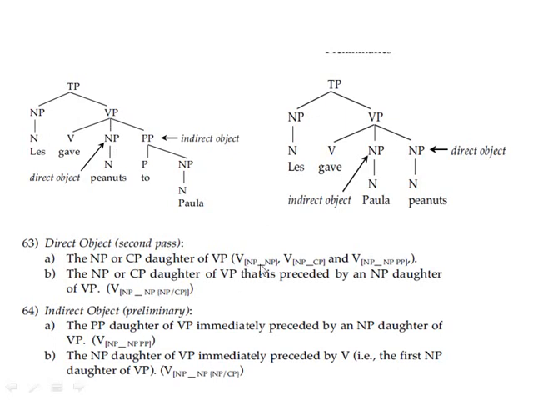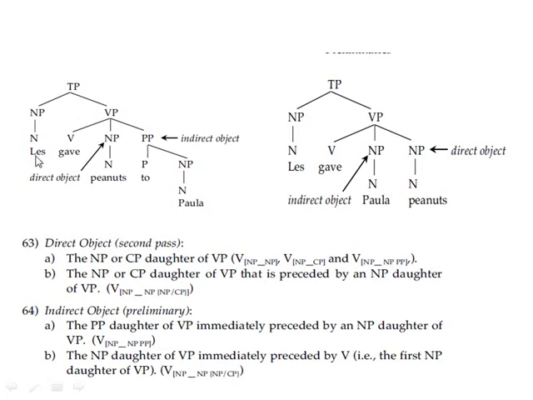And there are some kinds of VP. Yeah, VP can be verb followed by NP and NP, like this one, verb NP NP, or verb NP and CP. No example here. Or verb NP PP, just like this one.